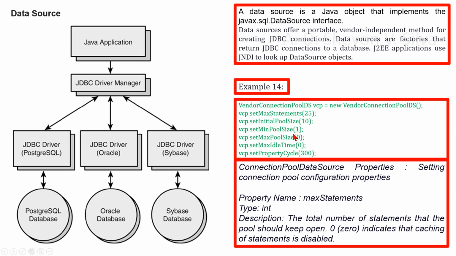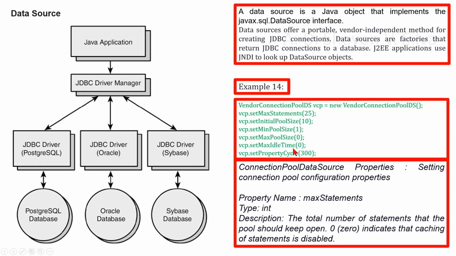Min pool size, int: the number of physical connections the pool should keep available at all times. 0 indicates that connections should be created as needed. Max pool size, int: the maximum number of physical connections that the pool should contain. 0 indicates no maximum size.